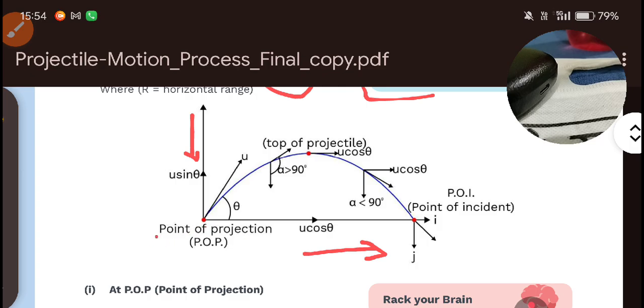From now we will call this point POP, point of projection, and this is TOP, top of a projectile. Here is where our vertical velocity will be 0. This point will be our point of incidence, short name POI. POP is the point of projection. u is the initial velocity of the object.